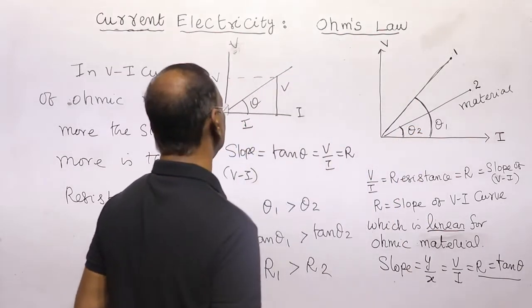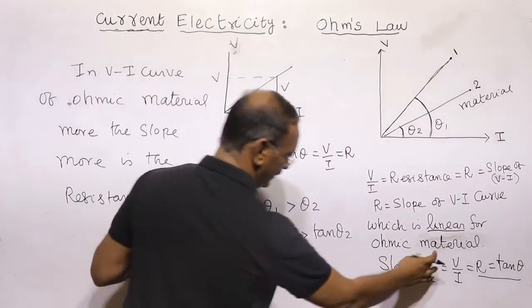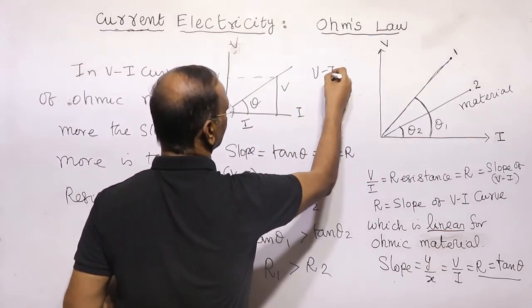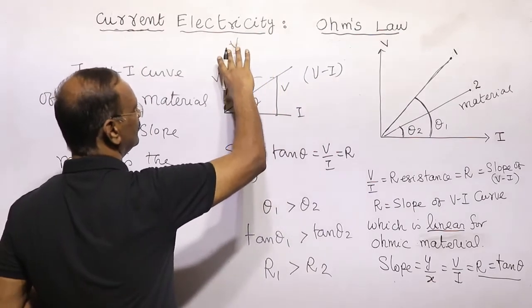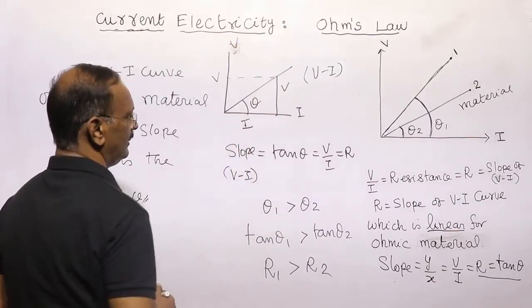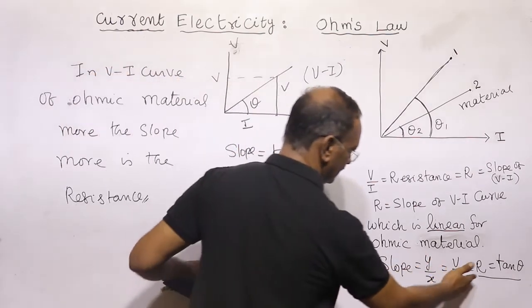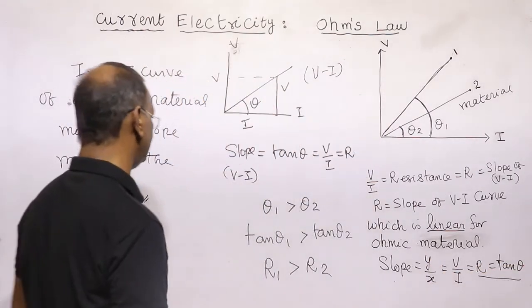Slope, how to get the slope? Slope is nothing but y coordinate by x coordinate. Here for this VA graph, the y coordinate is voltage potential and the x coordinate is current. So V by I, which is nothing but resistance, is the slope tan theta.